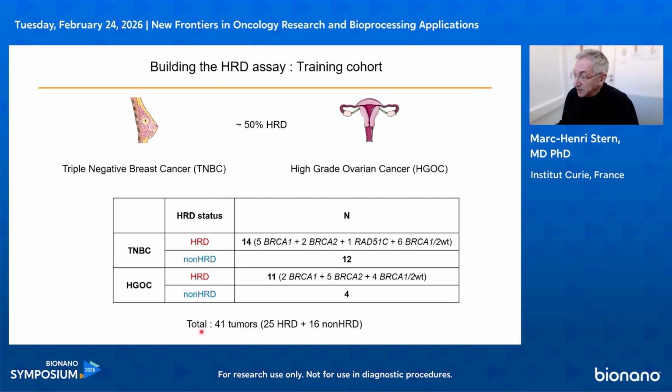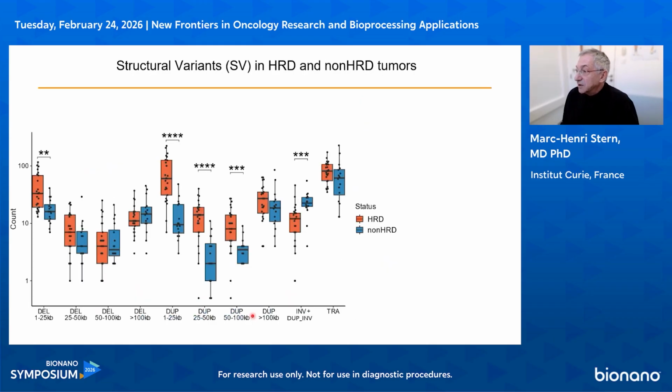We analyzed those 41 samples by OGM, extracted all the structural variants, and subclassified them according to their size when relevant, and we compared HRD samples with non-HRD samples for all those features.